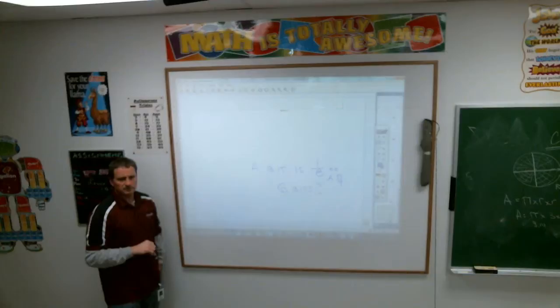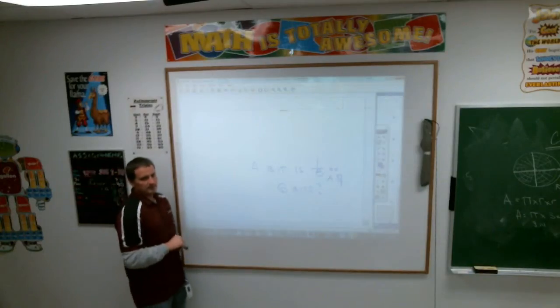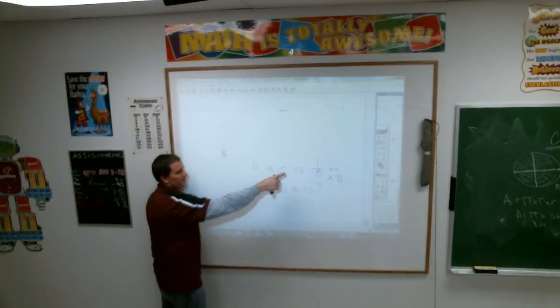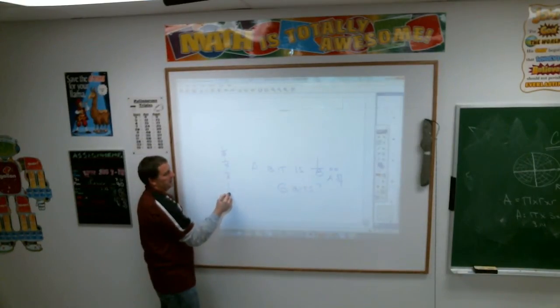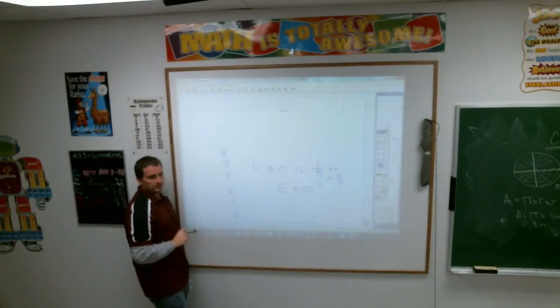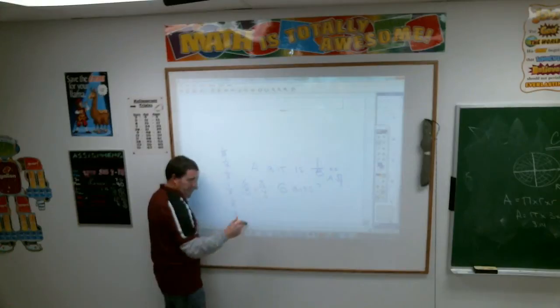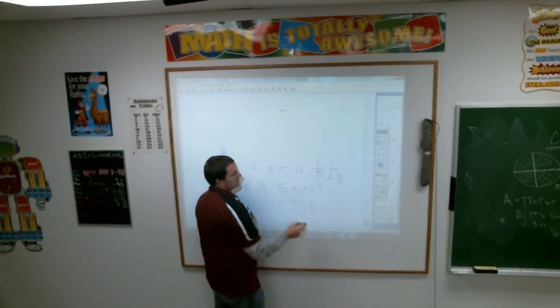I want to know how many cents 6 bits is. If 1 bit is 1/8, then 6 bits is how many 8ths? 6 eighths. And 6 eighths is what? 3/4. And what is 3/4 of $1? 75 cents.